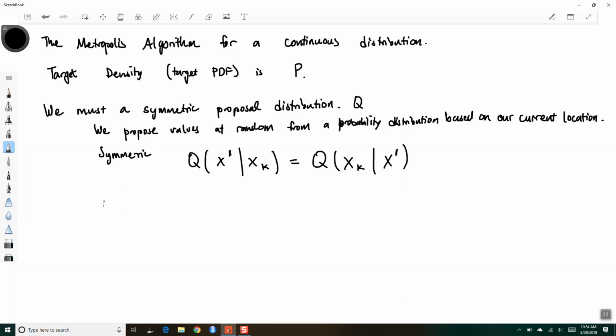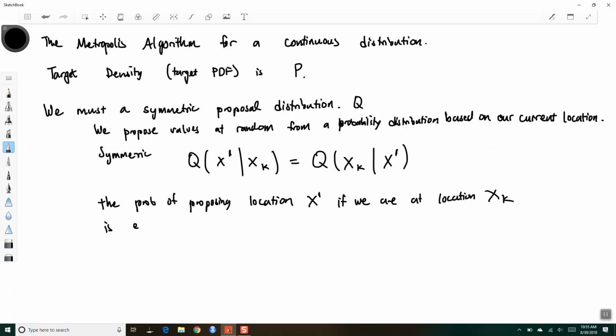All right, so this is the probability of proposing location x prime if we are at location xk is equal to the probability of proposing xk if we are at x prime.